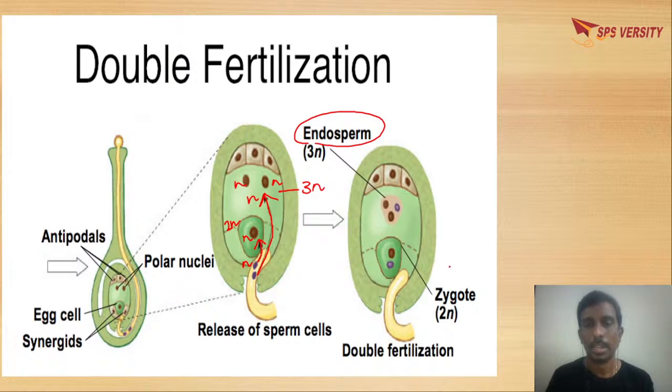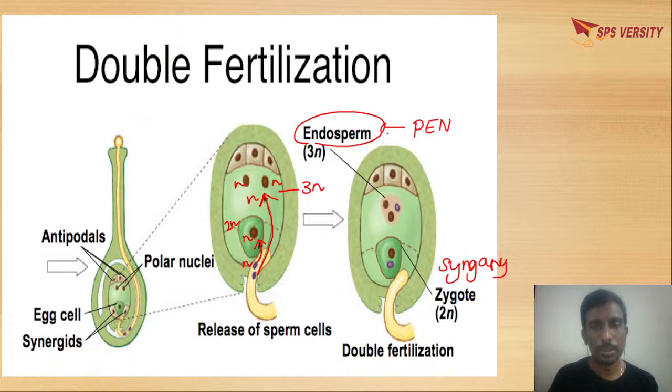The end product of syngamy is the zygote which is diploid. The end product of triple fusion is the primary endosperm cell, the primary endosperm nucleus, which forms endosperm, which is triploid.